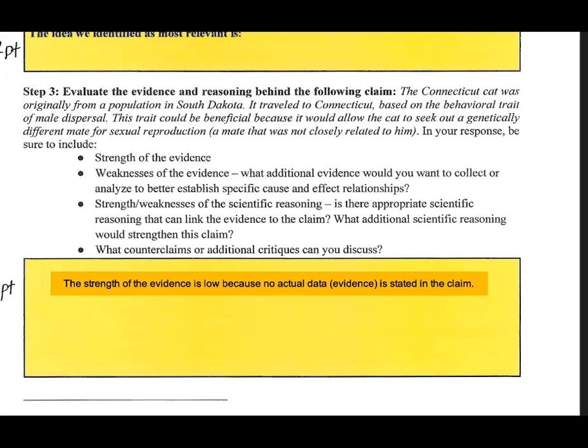Okay. What do we need? Weakness of evidence. What additional evidence would you want to collect to better, specifically establish cause and effect? So we need genetic evidence.